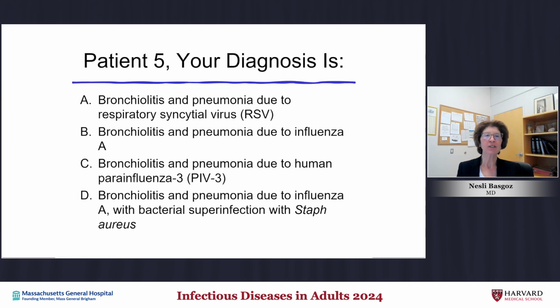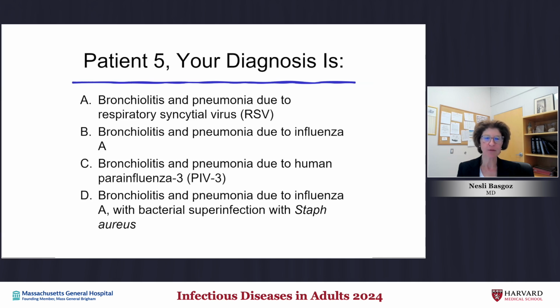So is your diagnosis bronchiolitis and pneumonia due to RSV, bronchiolitis and pneumonia due to flu A, bronchiolitis and pneumonia due to human parainfluenza 3, or flu A with bacterial infection with Staph aureus? So please take a second to think about this.